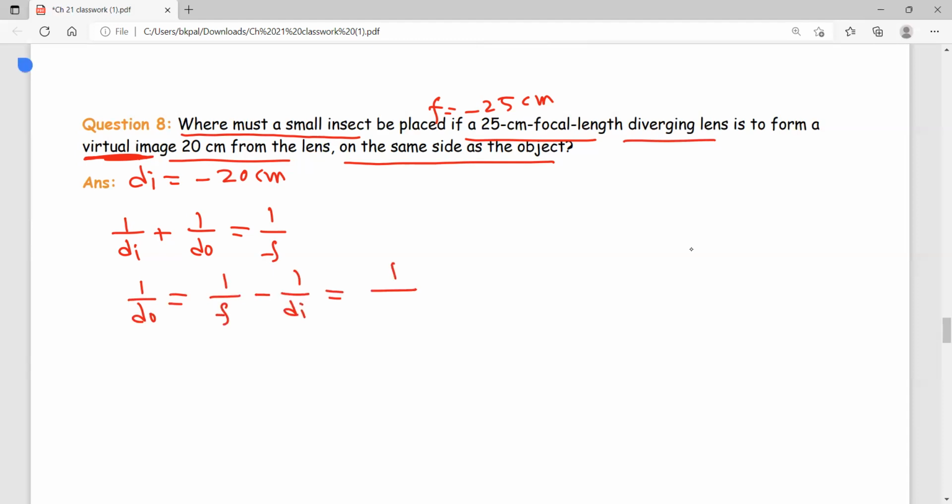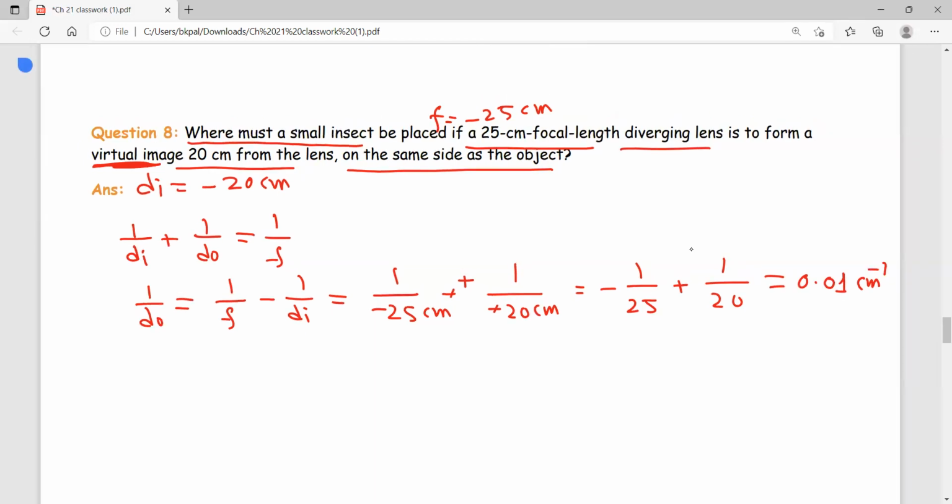So 1 over f is negative 1 over 25 centimeter, and then minus 1 over di is minus 1 over negative 20. The negatives cancel out, so we have a positive sign.